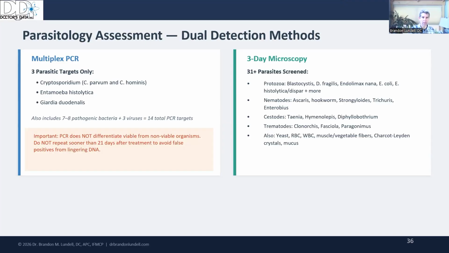The 3-day microscopy or 3-day parasitology, 31 plus parasites screened, and we'll talk about that. It also includes the microscopy, which is invaluable. Doctors Data is one of the only companies that does an actual microscopy. What does that mean? It means we're getting eyes on it.